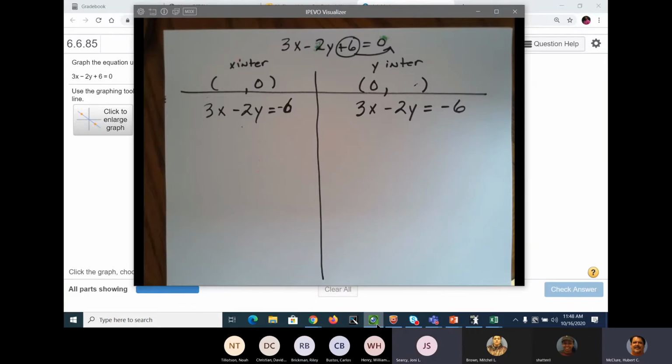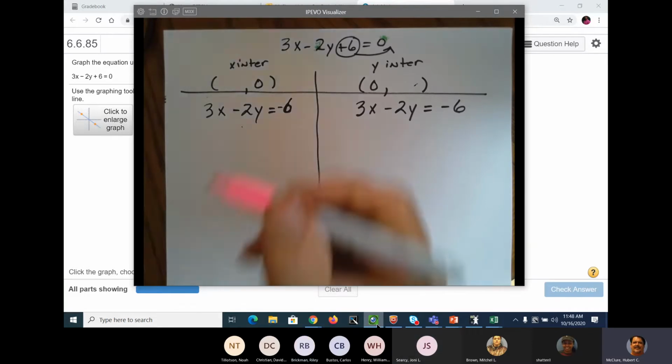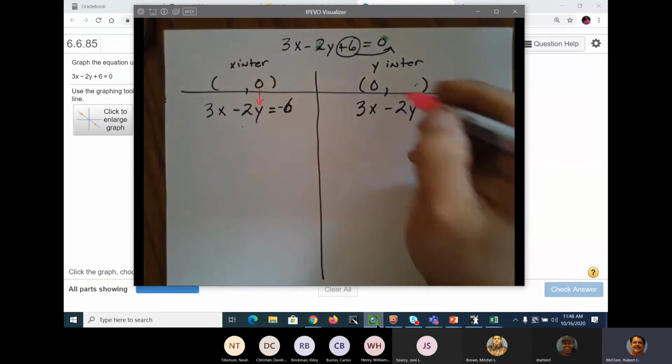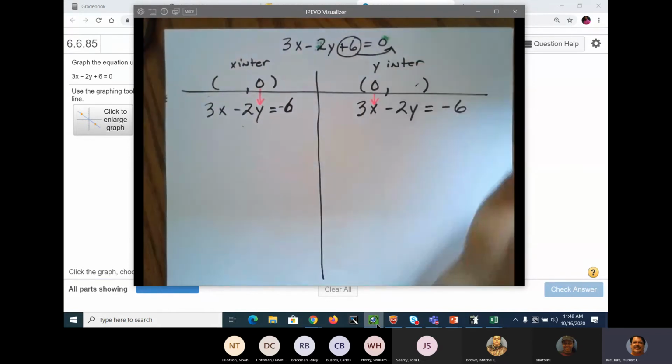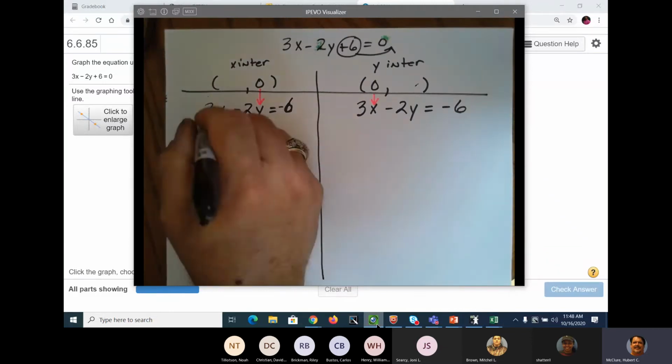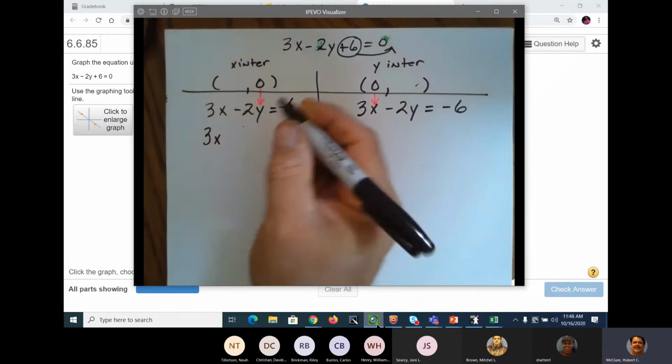Lined up under the 0. Exactly. I'm going to plug in 0 for y, so I just drop that down there, and the 0 for x. Plug and chug. Now I'm going to do it out baby step wise. You don't have to. You can cover it up or do whatever you're used to doing.